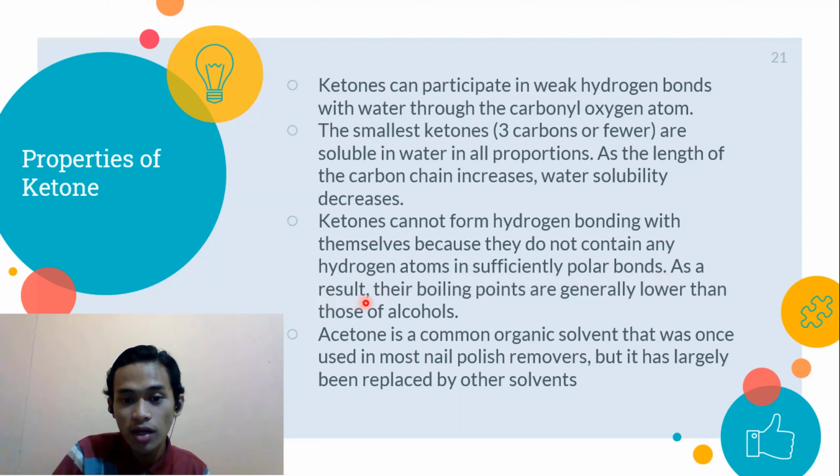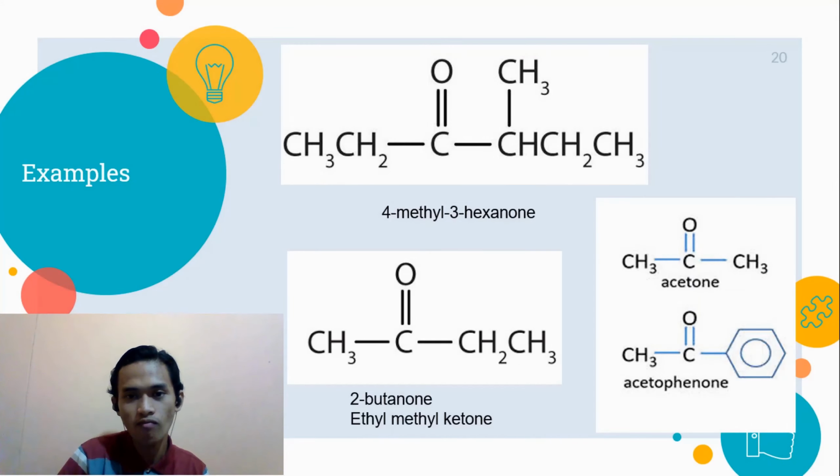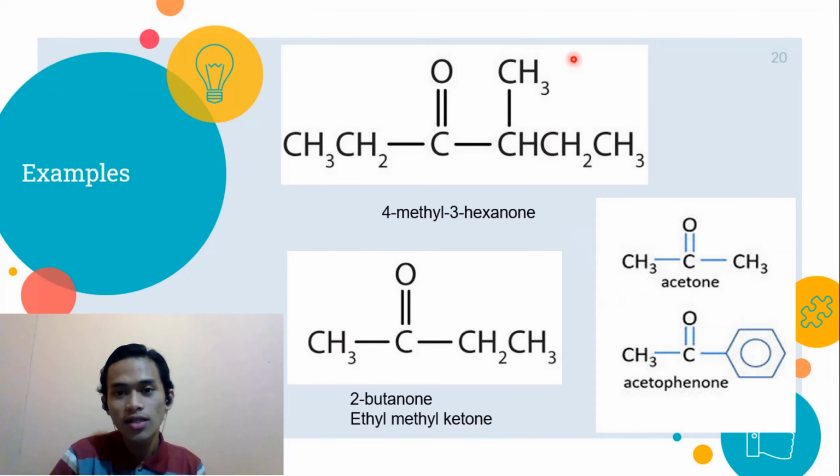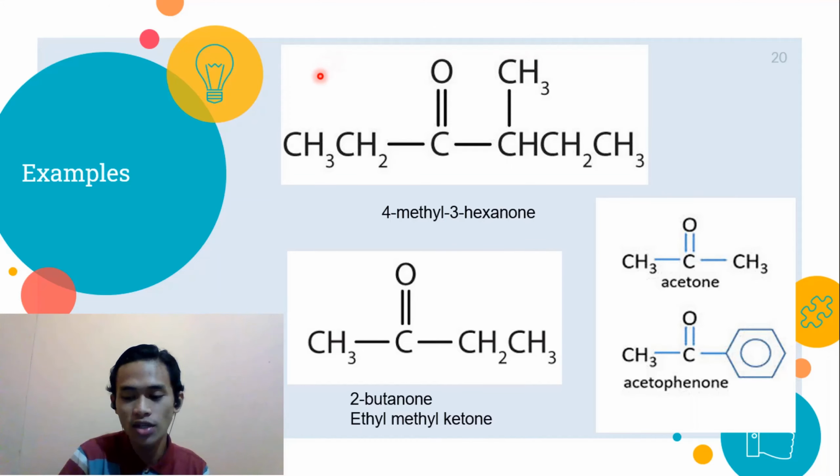As a result, their boiling points are generally lower than those of alcohols. So in here, the bond is covalent, but the covalent bond is non-polar, so the oxygen cannot form a hydrogen bond with H here. So in the ketone, it cannot form an intermolecular hydrogen bond.